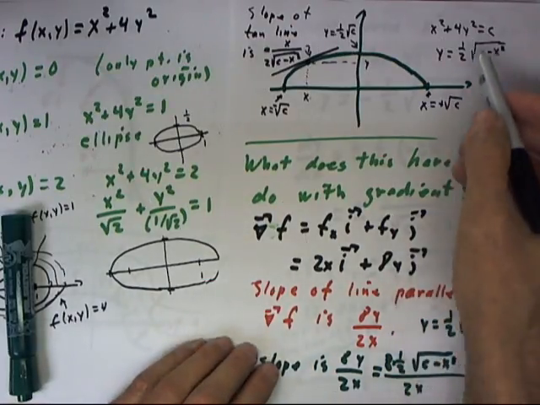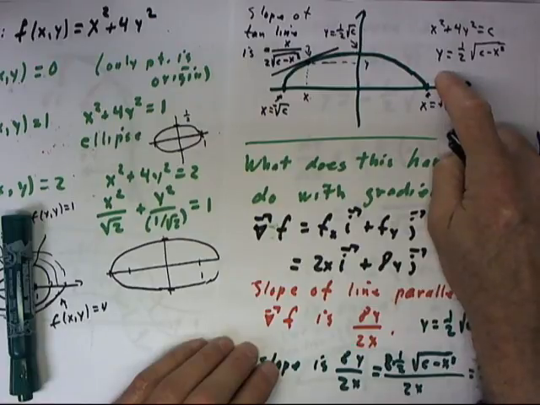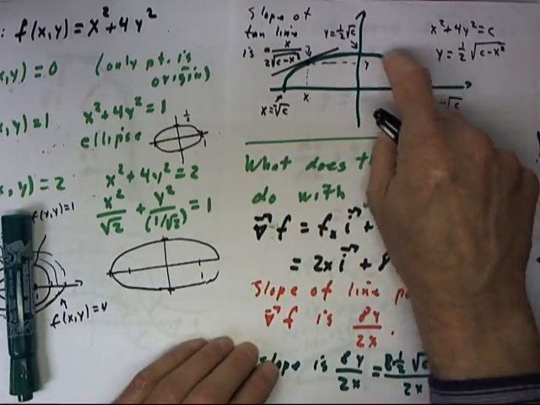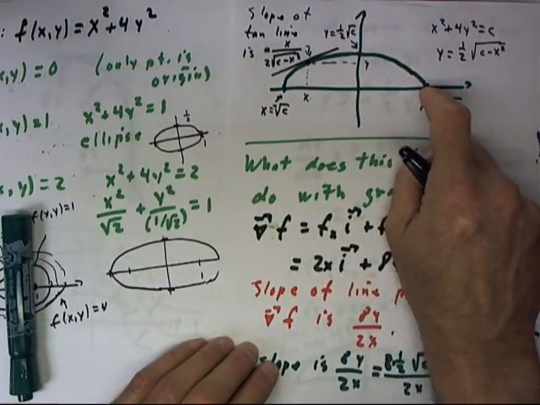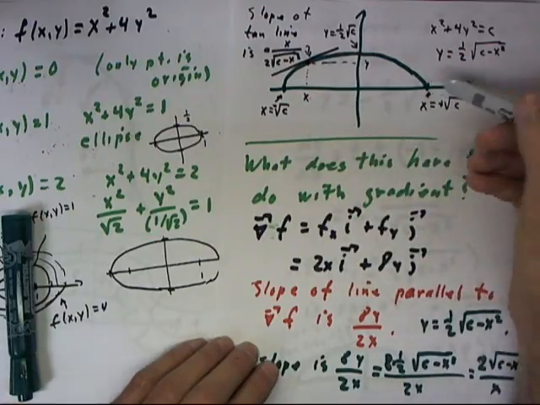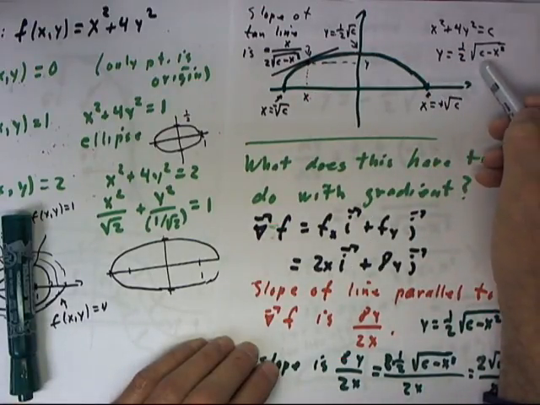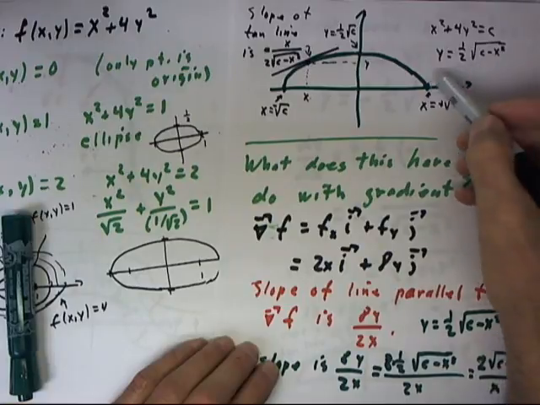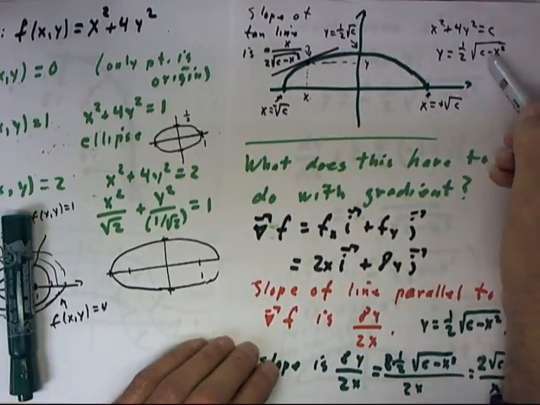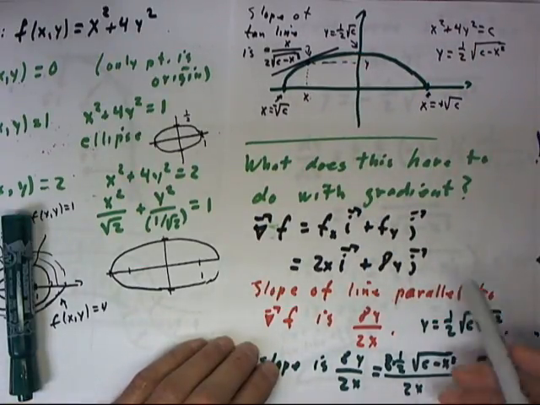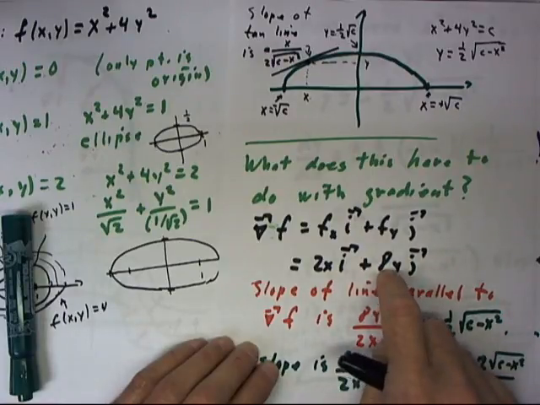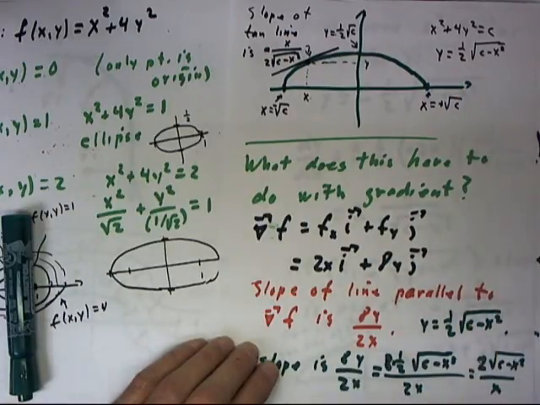If we're confined to this specific curve, let's say the specific curve above the x-axis, the curve y equals 1/2 square root of c minus x squared, half of the level curve for the value c, then our y value is given by this expression.